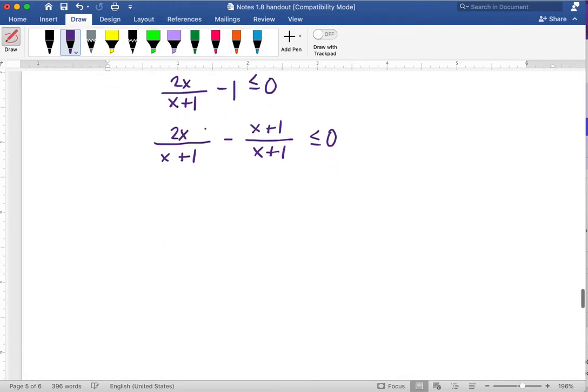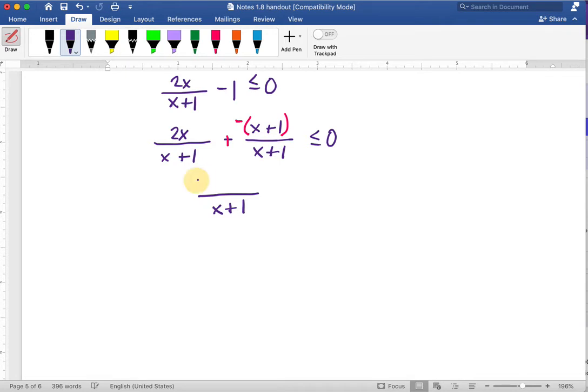Now I'm going to move this, and you need to be careful because this is a quantity. And I'm going to change this and move the negative up here. You have to distribute the negative. If you don't distribute the negative, everything's going to be wrong. So now I have one expression with a denominator of x plus 1.